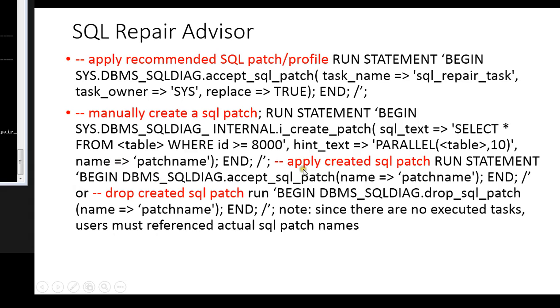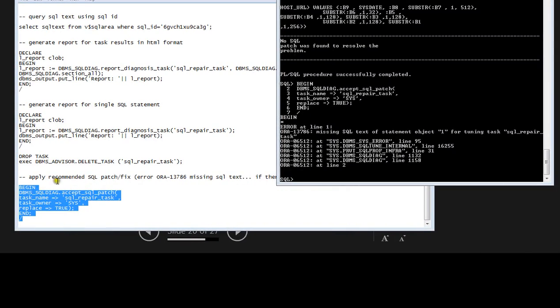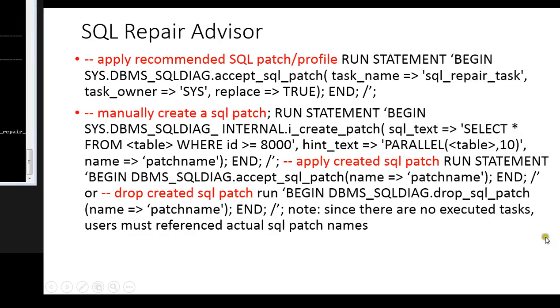To apply this patch, you would just run this statement, DBMS_SQLDIAG accept SQL patch, with the name of the patch. If you can recall, with accept SQL patch here I had my task name, but because you have a manually created SQL patch, you just have to assign that particular patch name.